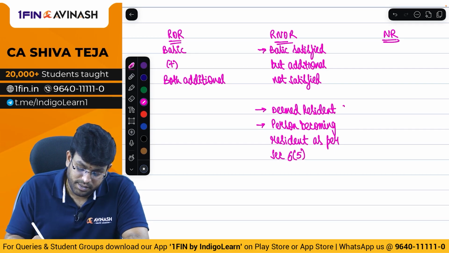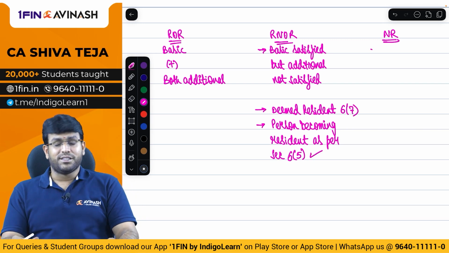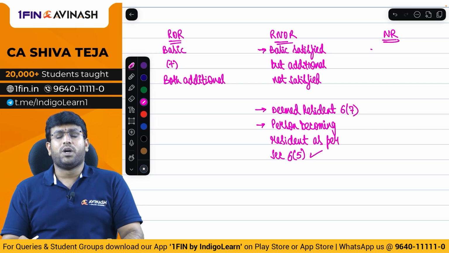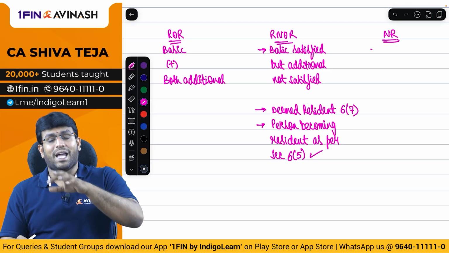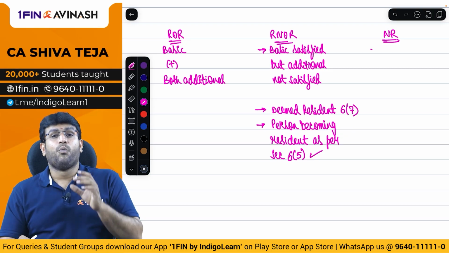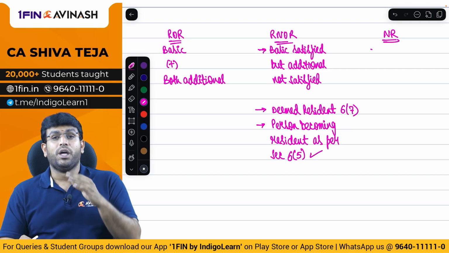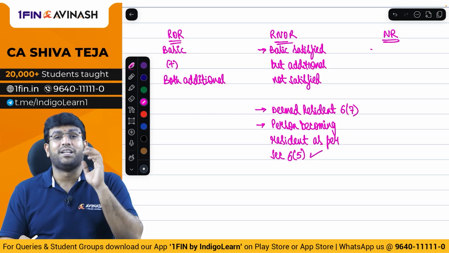Deemed resident is 6(6). Who is that person becoming resident as per 6(5)? Indian citizen or a person of Indian origin who comes to India for a visit during the tax year and total income is more than 15 lakhs and satisfies 120 days or more during the tax year and 365 days or more during the 4 years preceding the tax year.